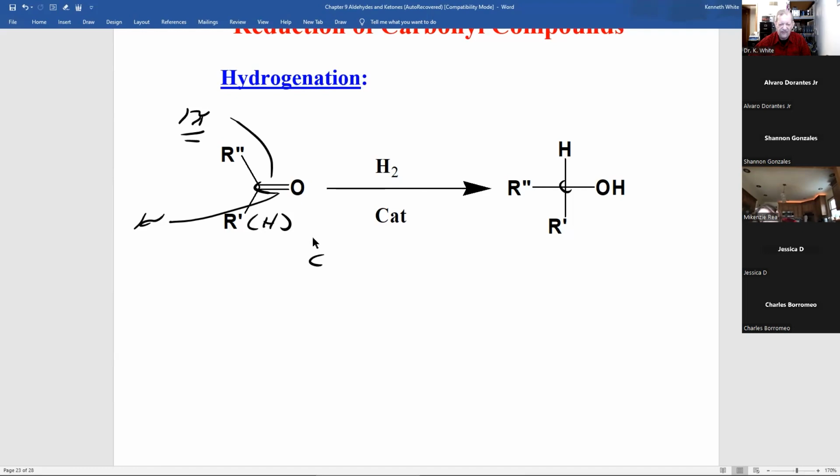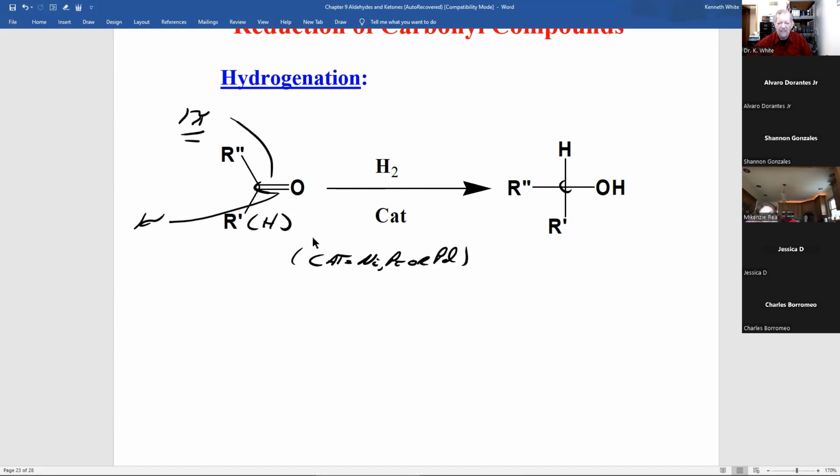And the catalyst, why did I get lazy? Should have written this down, sorry. And catalyst, like you learned before, nickel, platinum, or palladium.